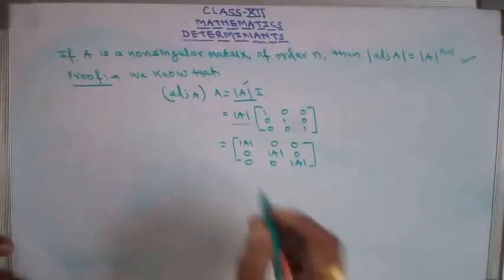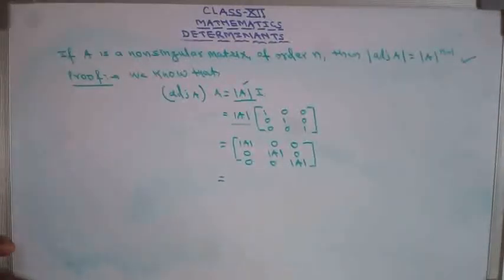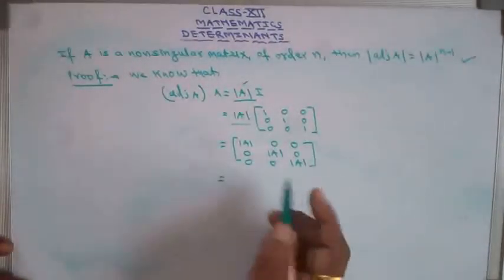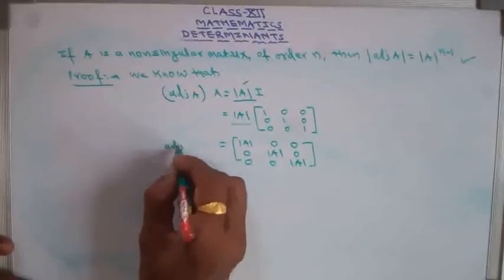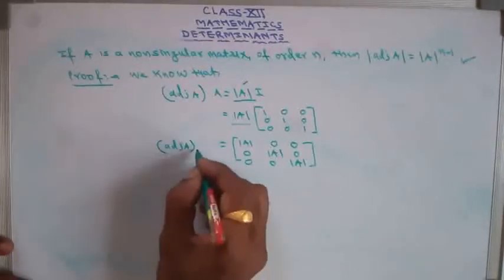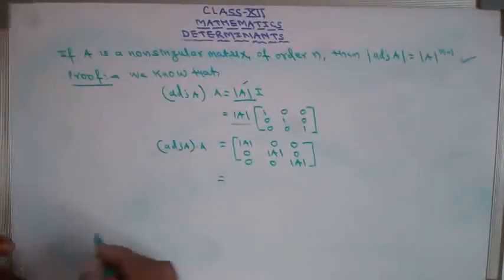Okay, now students, the left hand side was adjoint of A into A, and I am taking determinant of both the sides.